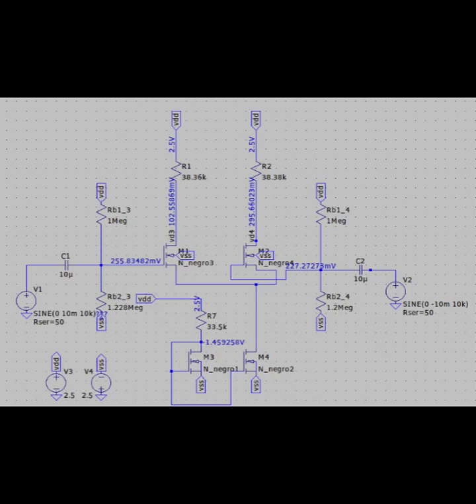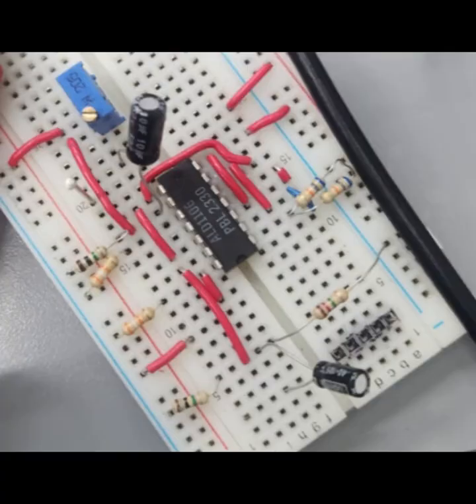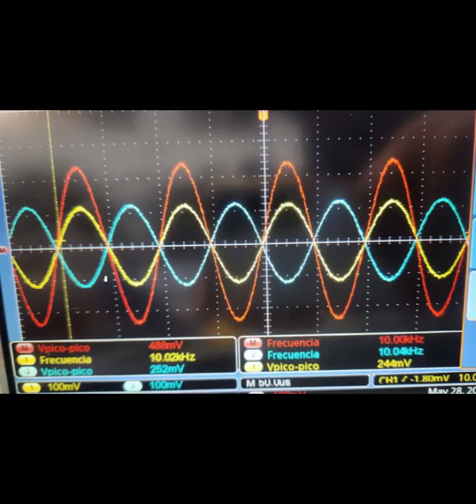A trimmer potentiometer was also added to compensate for transistor mismatch, allowing both branches to reach nearly identical drain currents of approximately 58.7 microamperes. The experimental setup and measurement results are shown below in the picture.